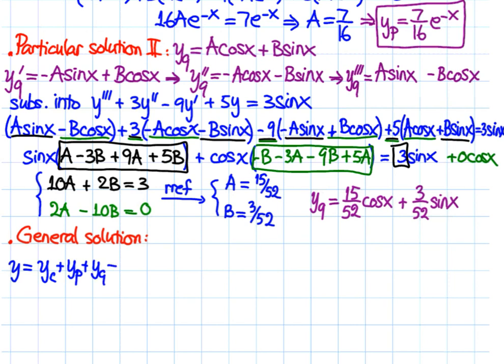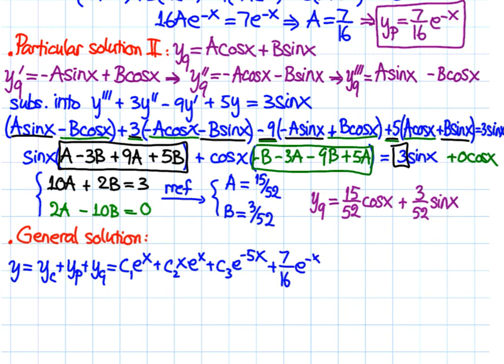Put all of that together, we have C1 e to the x, C2 x e to the x, and C3 e to the negative 5x. Particular solution number 1, 7/16 e to the negative x.